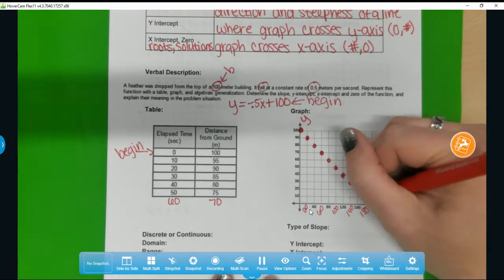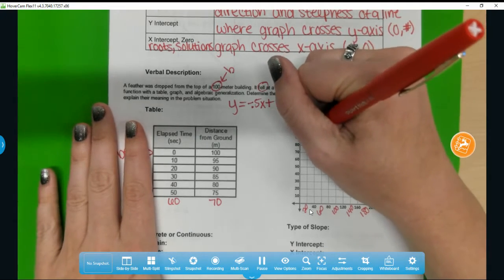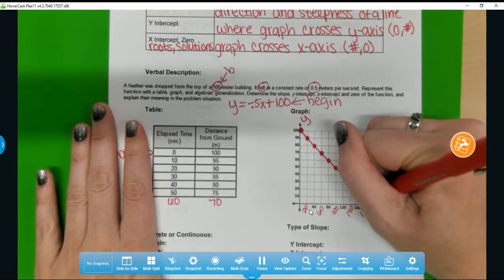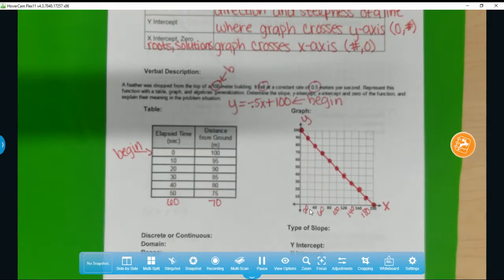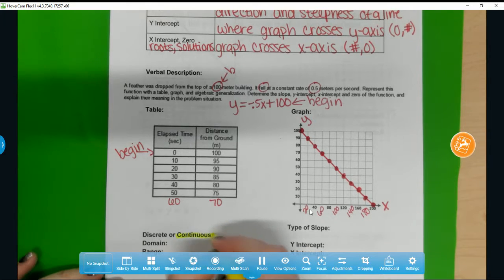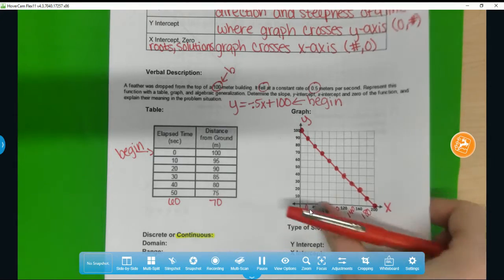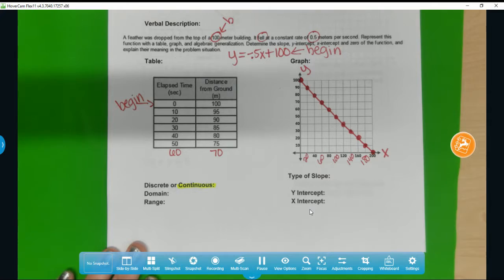Okay, since this feather is falling at a constant rate, we need to go ahead and connect all of our dots. So since we are connecting, that makes this function continuous. Okay, so that means for our domain and our range, remember, we need inequalities.